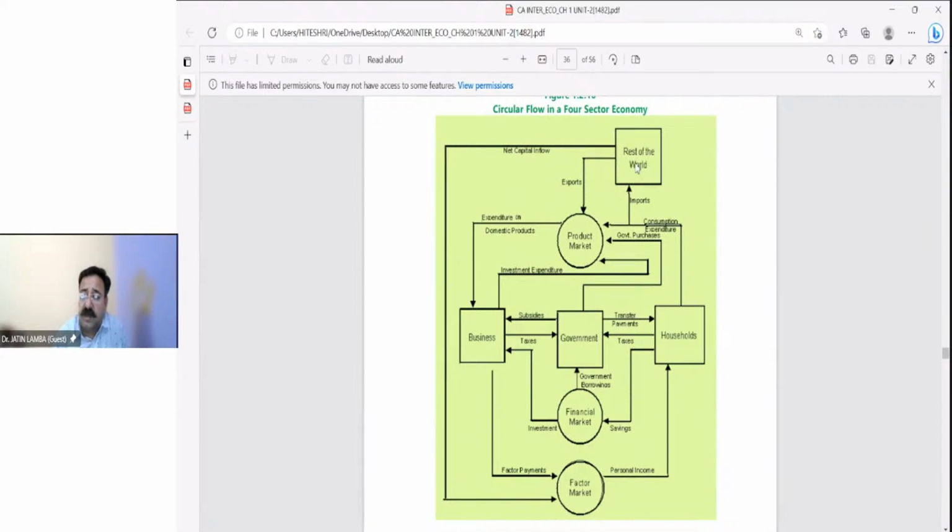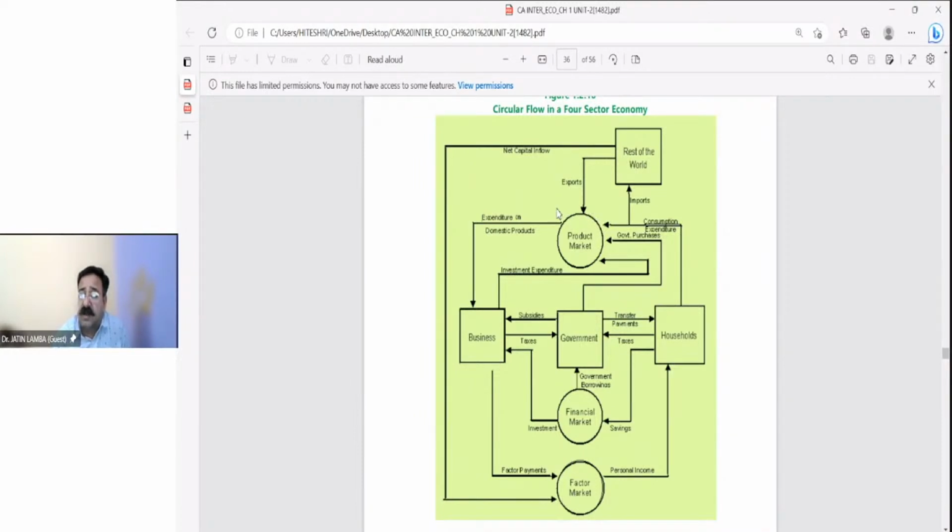In the rest of the world, there are imports and exports. From where are imports and exports done? They are done through the product market, and through the product market the goods are being exported or imported. And one thing more, the factor market.